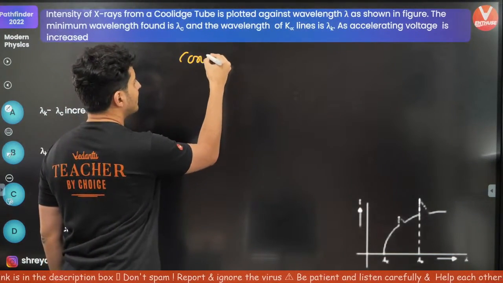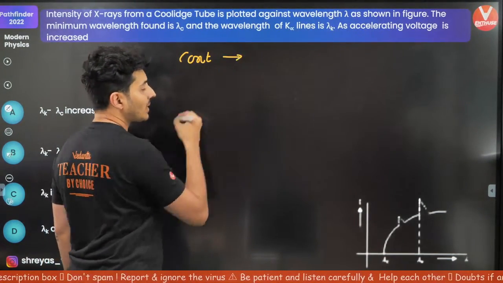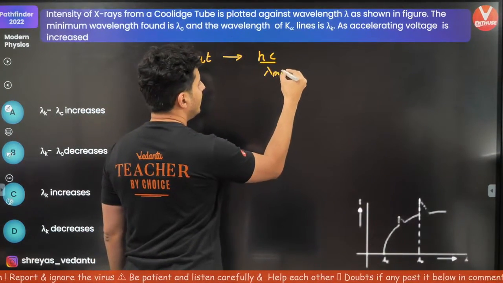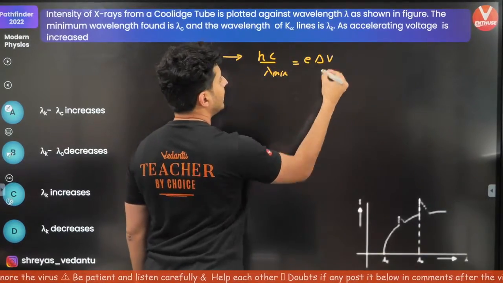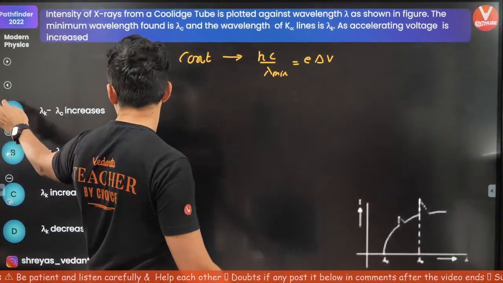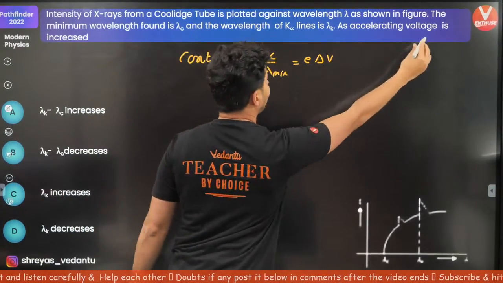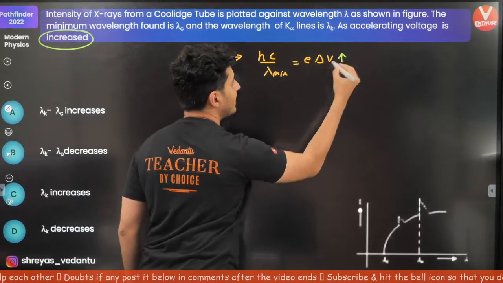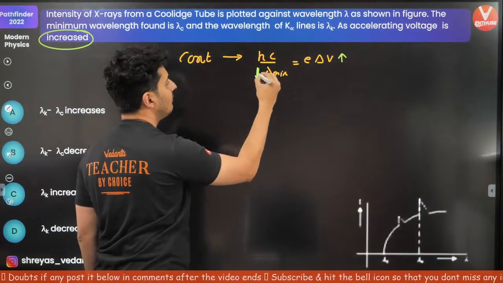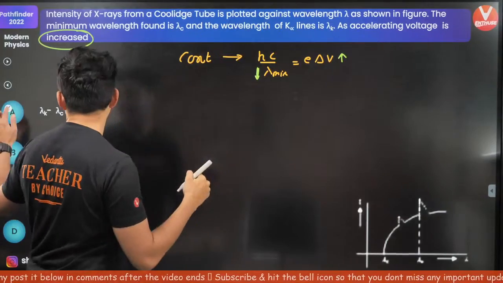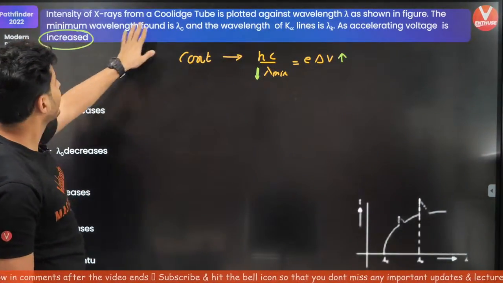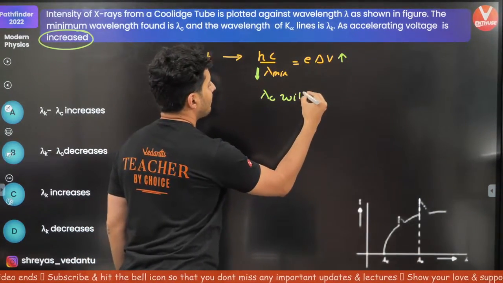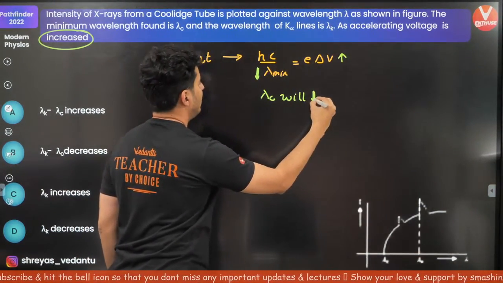For continuous X-rays, remember hc by lambda min was e into delta V. So if the accelerating voltage is increased, that means delta V is increased, lambda minimum will decrease. Therefore, I can easily conclude that the minimum wavelength lambda c will decrease.